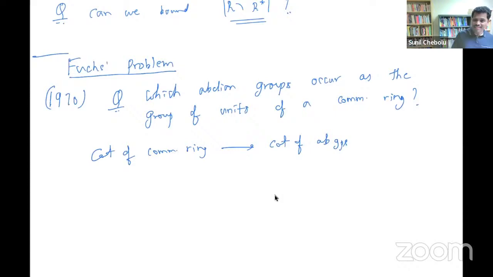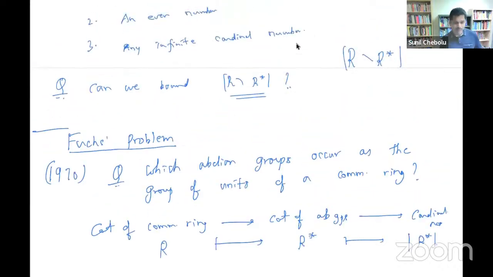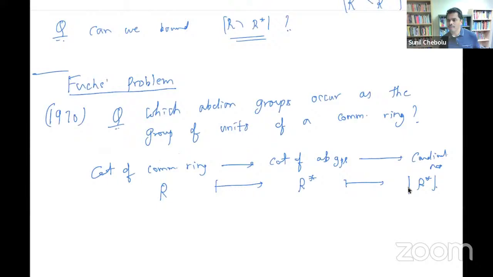What we just answered, you can think of that as a weaker version of Fuchs' problem. You further go with the cardinality to the cardinal numbers. So a ring R gets associated to its unit group, and this gets associated to the cardinality of this one. The theorem here you can think of as identifying the image of this composite function.